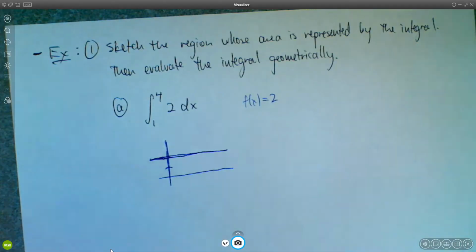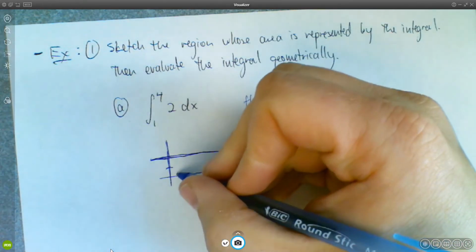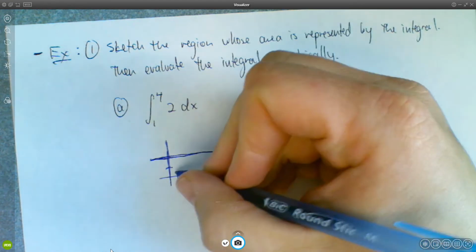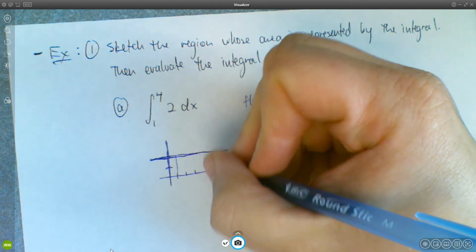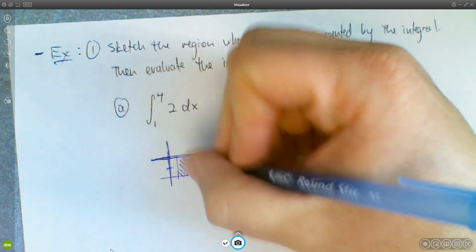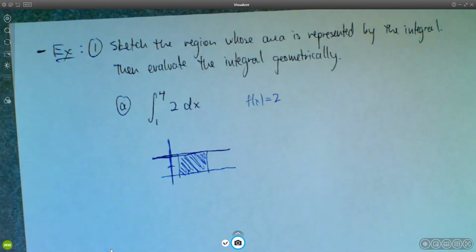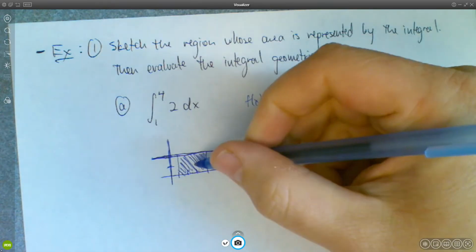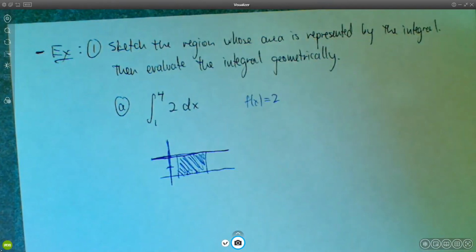And we want to integrate between 1 and 4. So 1, 2, 3, 4. That means this is the area that we are interested in, just that little rectangle right there. So that's the sketch, and then to evaluate the integral, that just means that we need to find this area.